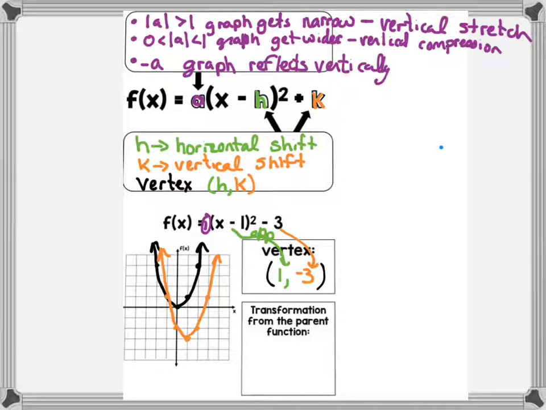So if I was to, in words, describe what happened, I had a right 1 unit and down 3 units from the original parent function, which was graphed in black. And the original parent function is f of x equals x squared.